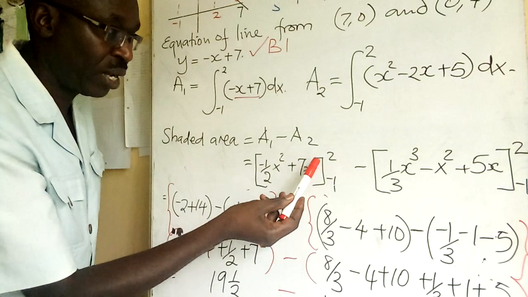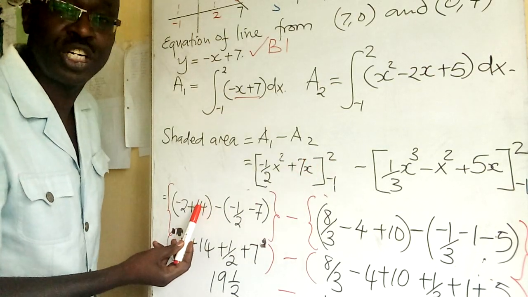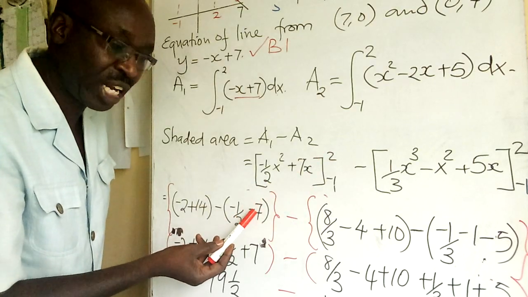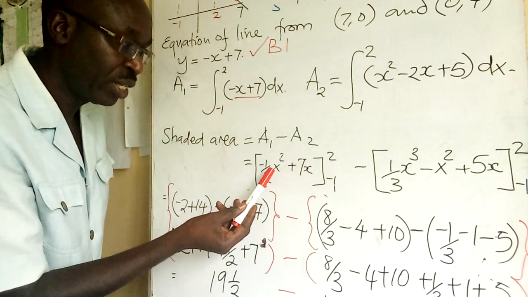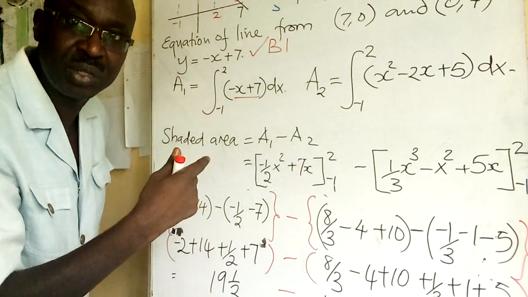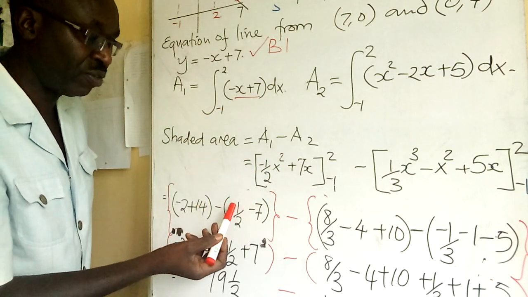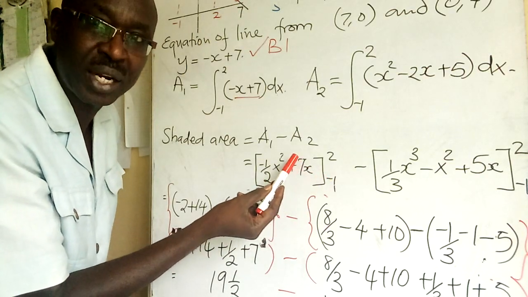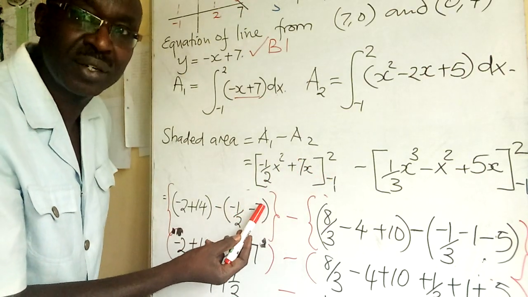Correct? Here, 2 by 7, 14. First bracket, upper limit. Second bracket, lower limit. Negative 1 squared is positive 1 times negative a half is negative a half. Come here. Negative 1 times 7, negative 7.